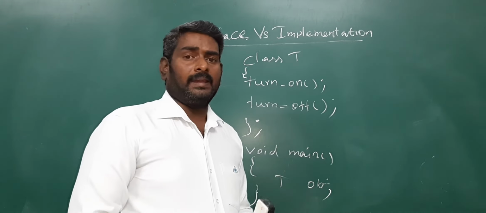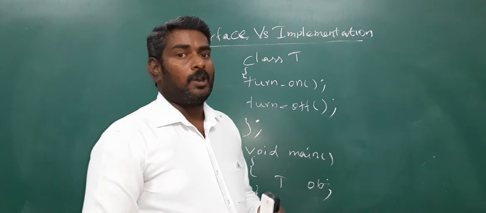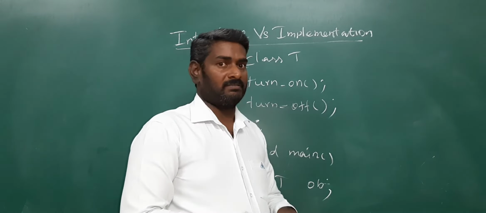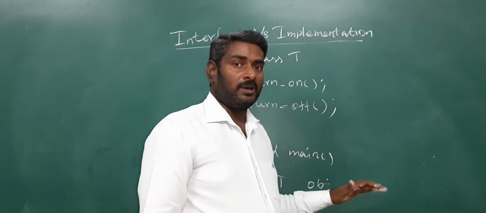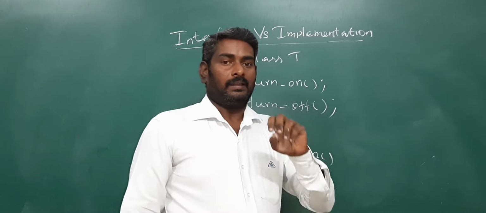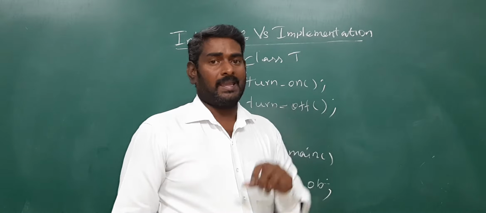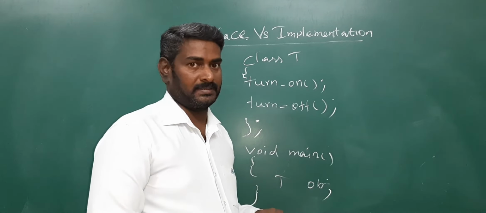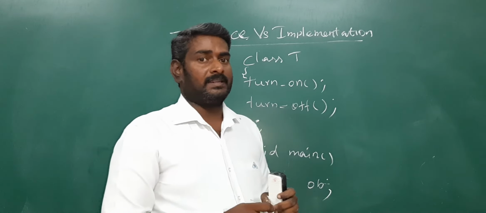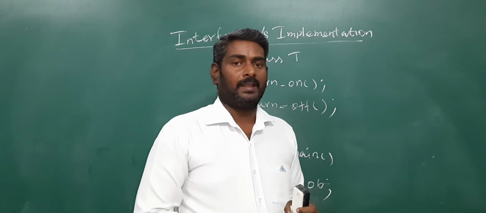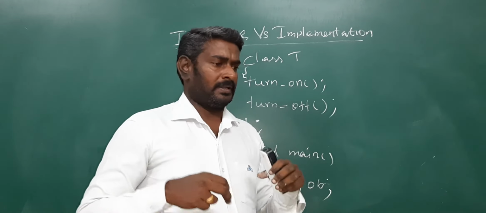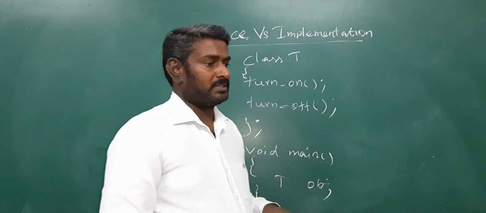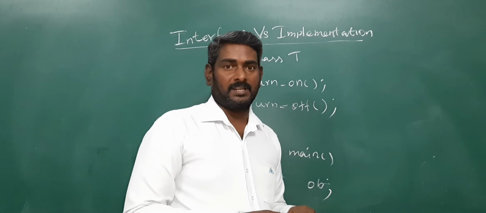Next, the interface defines object visibility to the outside world. If you want to use the object visibility to the outside world, it gives the definition by the interface. For example, you can easily understand this by using the C++ language.